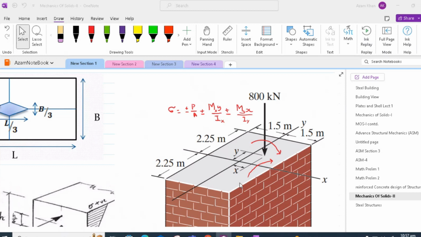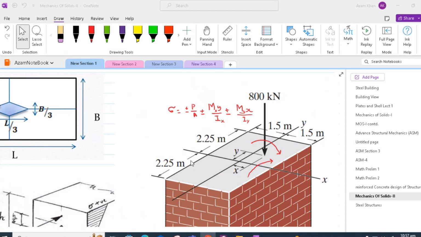So the main idea of the kern of a section is finding a region in which the compressive point load may be applied anywhere without producing any tensile stress on the cross section. Now this is important in the case of this masonry pier, as masonry is very weak in tension.